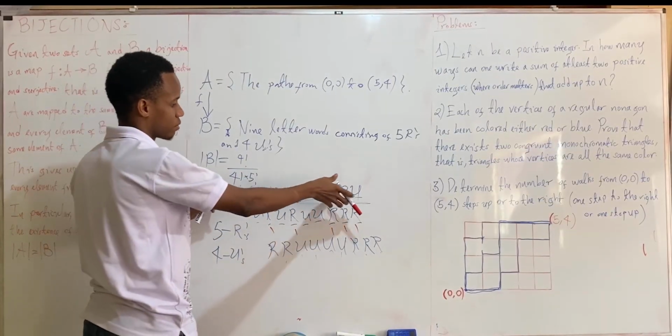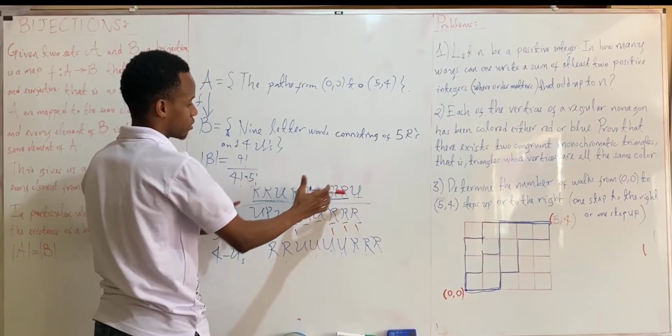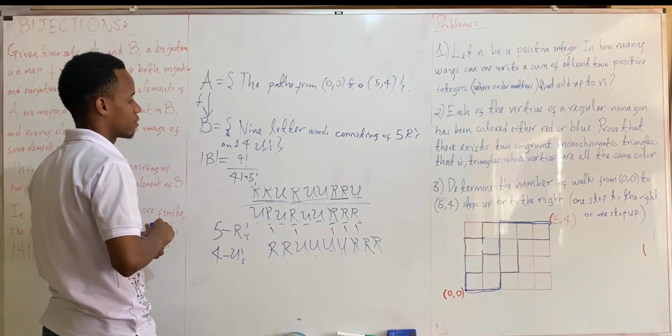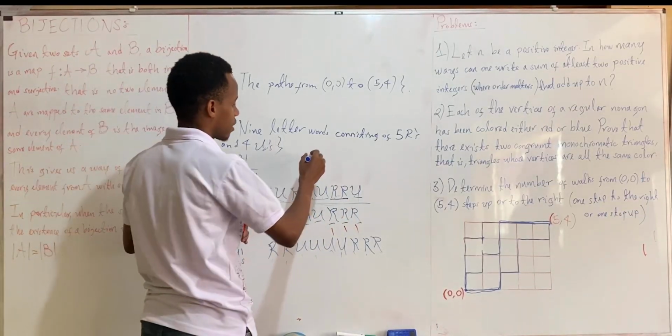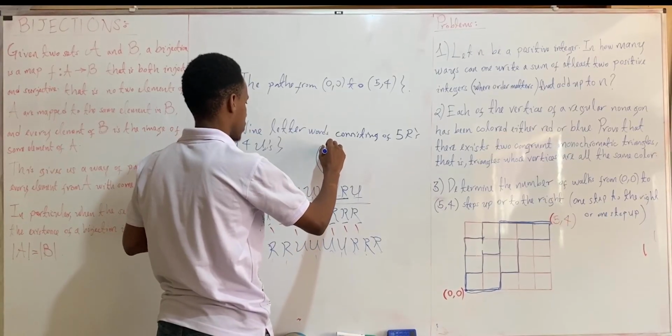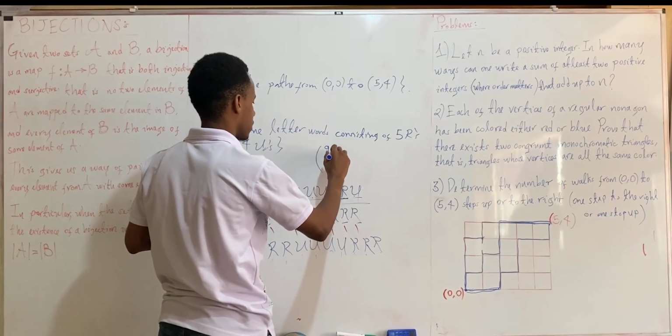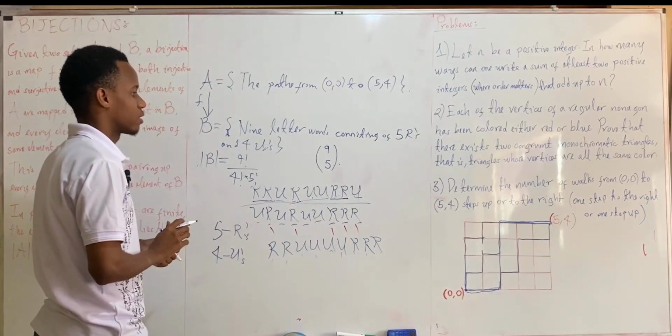The number of ways you can form a 9-letter word using 4 U's and 5 R's. So in this case, our final answer will be equal to 9 choose 5.